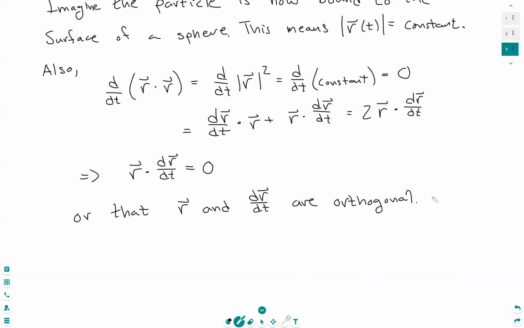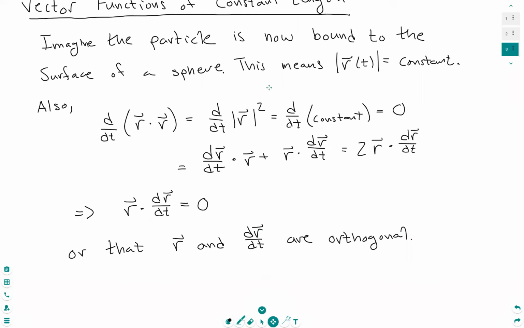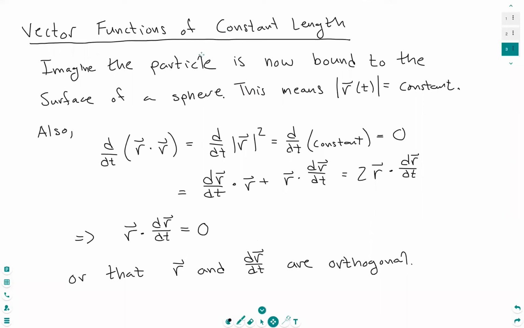This is only true for vector functions with constant length. So this isn't always true. It's a special circumstance where the magnitude of r is equal to some constant value.